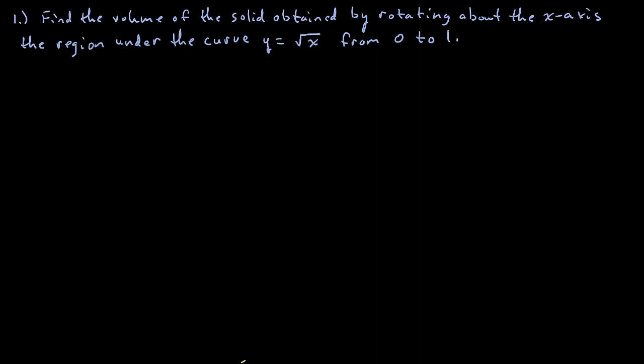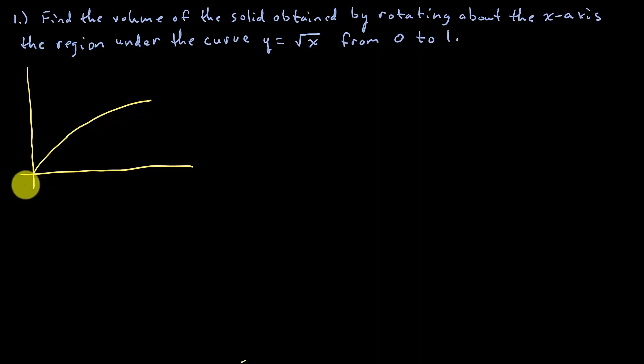It says, find the volume of the solid obtained by rotating about the x-axis the region under the curve y equals square root of x from 0 to 1. To do this, we want to sketch the graph. So I'm going to graph y equals the square root of x. Okay, so there's square root of x.